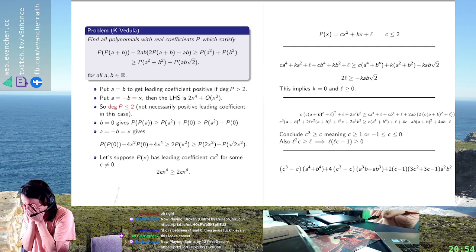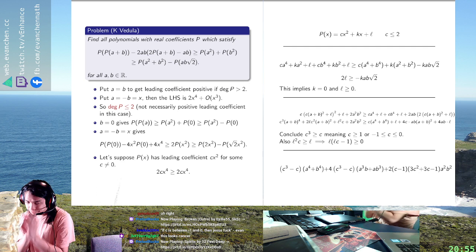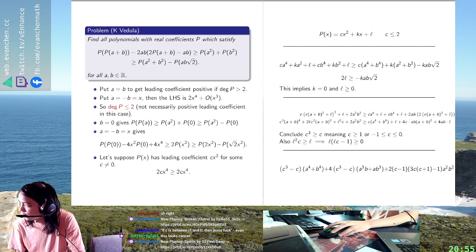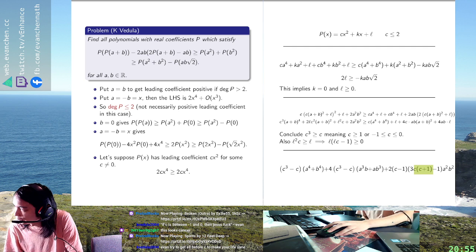Hang on. 3 times C times... This is 3C, C plus 1. Okay, so this can't be positive enough, right? Like, this is at most a quarter for C in that interval.